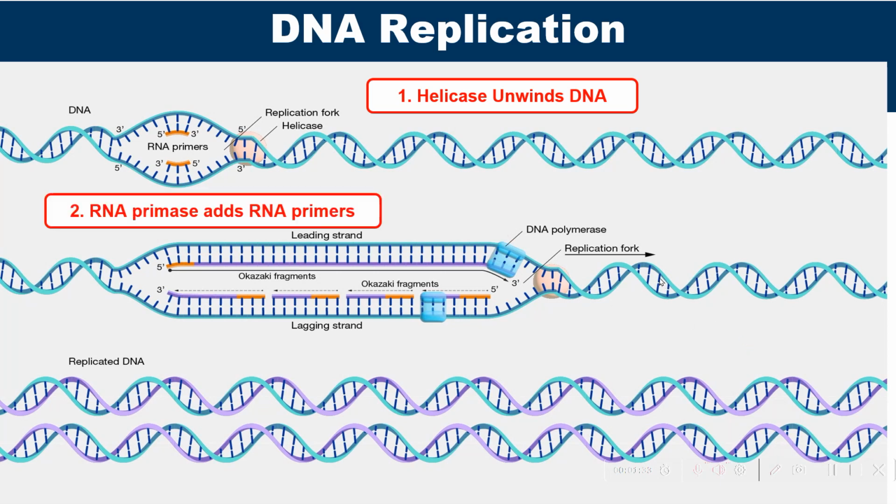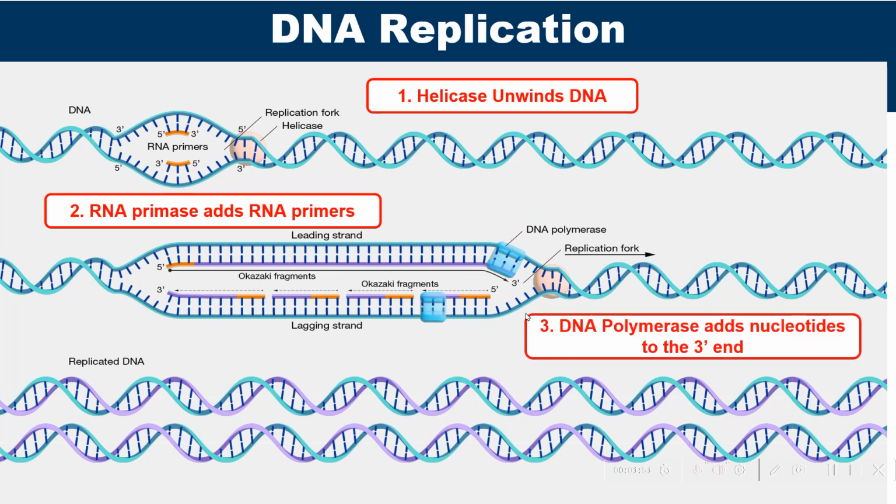And then step number two is you have a different enzyme, RNA primase, which is coming in here to add these little RNA primers, because DNA polymerase, which is right here, cannot invent strands on its own. It needs primers to do that.